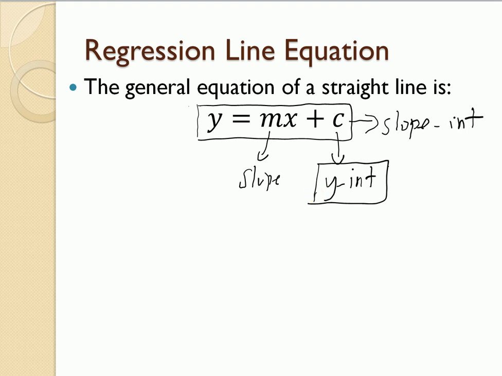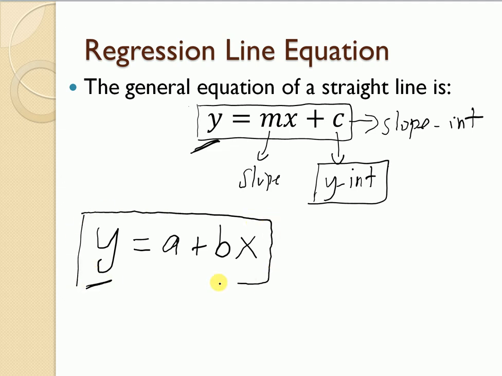As mentioned, the equation of the regression line follows the same general format but is written slightly differently. We'll write the general equation of the regression line as y equals a plus bx. These two formulas are basically the same, except that in this one, we choose to write the y-intercept first, followed by the slope.